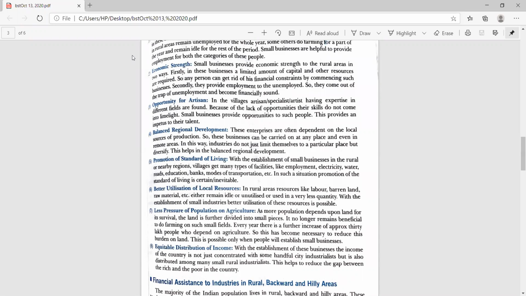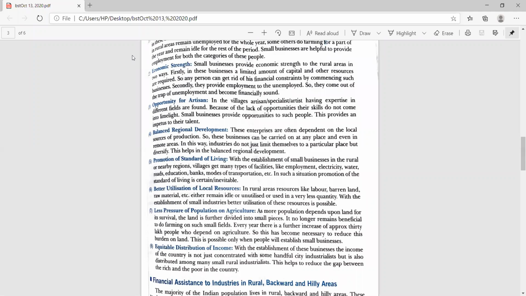Proper utilization of the resources will be there, whether we talk in terms of labor, barren land, or material. In every respect, these things are used so properly that the resources will be better utilized and it will be helpful in the development of that particular local area as well.